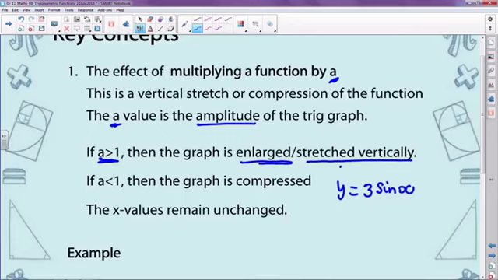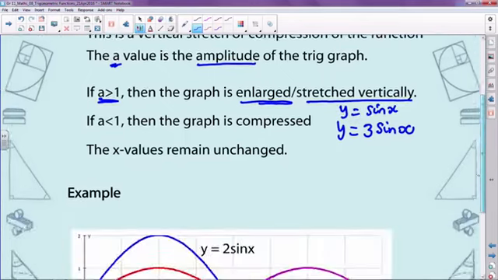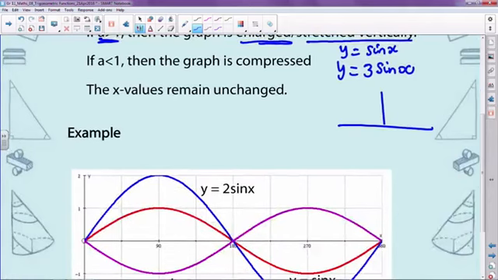Your graph started as y equals to sine x, right? Now, if I want to draw this graph, this is minus 1 and then 1. But now if I have y equals to 3 sine x, now my highest value will be 3.